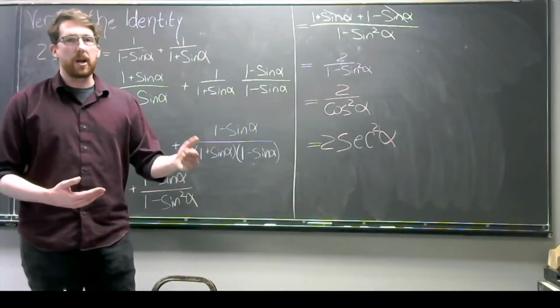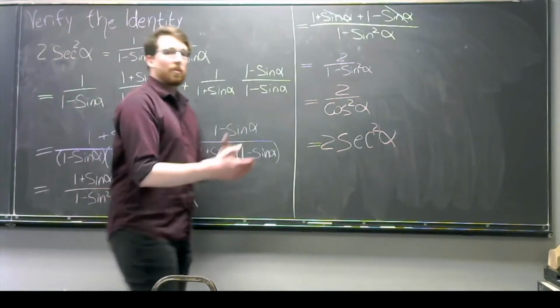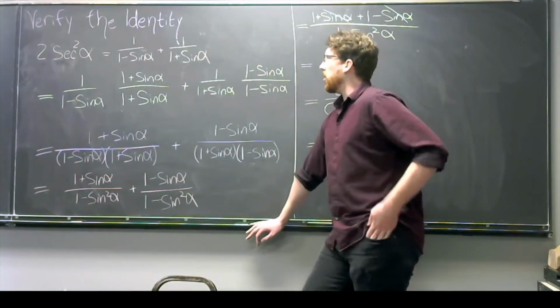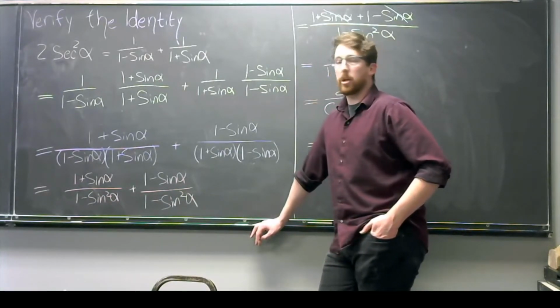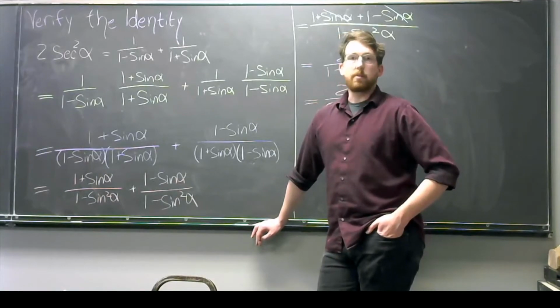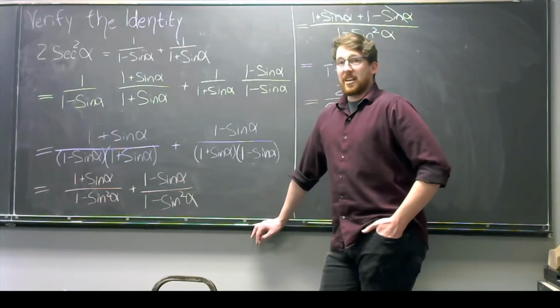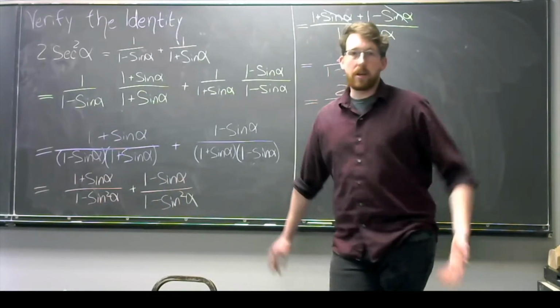Work with the more complicated side, apply your identities. Just massage, massage, massage. There are going to be plenty of cases where you're going to get to a point and not know where to go next. That's to be expected. Probably means you need to go back and find an identity somewhere. But yeah, let's move on. Let's look at another problem.